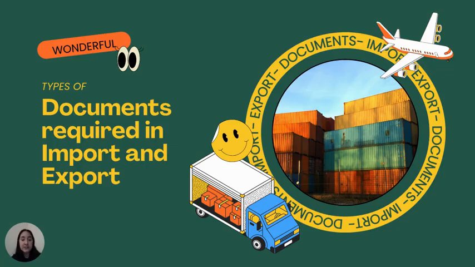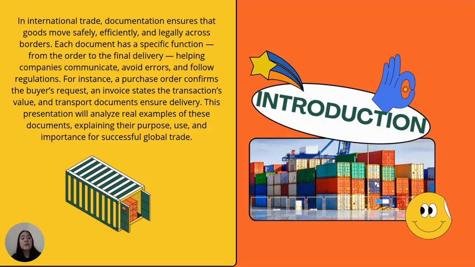We're going to start. Like we know, in international trade, documentation ensures that goods move safely, efficiently, and legally across borders. Each document has a specific function, from the order to the final delivery, helping companies to communicate, avoid misunderstandings, and follow regulations.